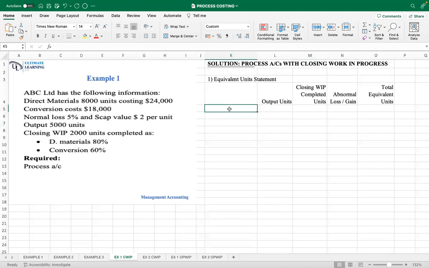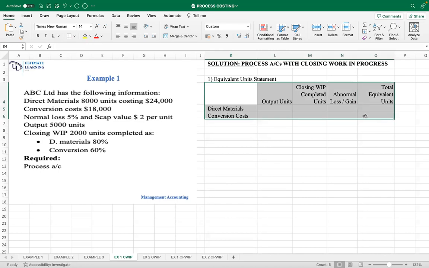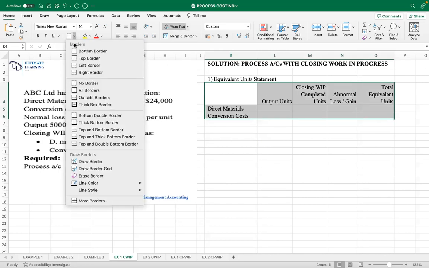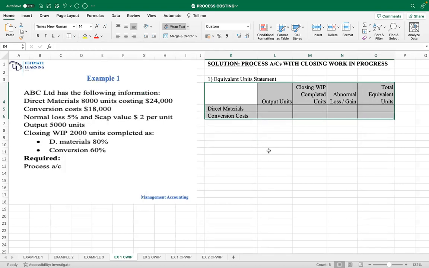In the rows, you need to show your direct materials, and your conversion costs. Remember, conversion costs, as we said last time, are labor plus overheads. So we have that as our equivalent units statement. We will look at the contents later on.